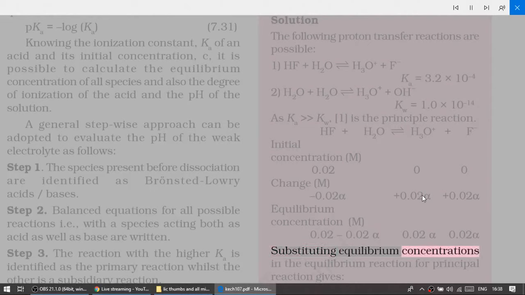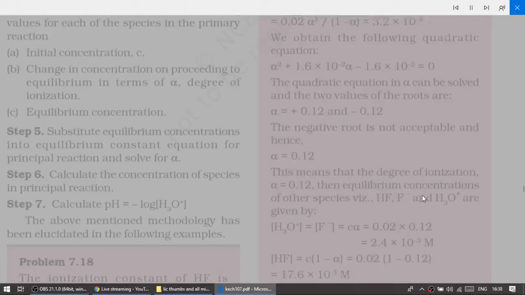Substituting equilibrium concentrations in the equilibrium expression for the principal reaction gives K = (0.02α)²/(0.02 − 0.02α) = 0.02α²/(1 − α) = 3.2 × 10⁻⁴.